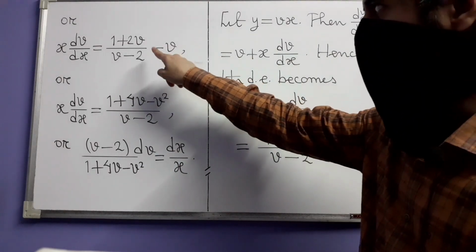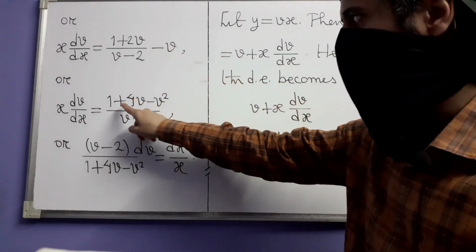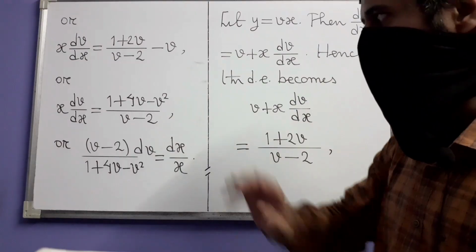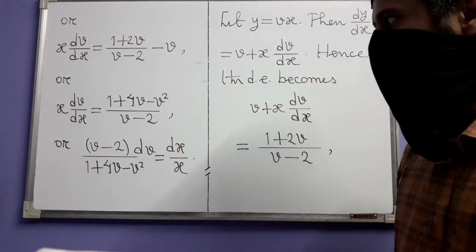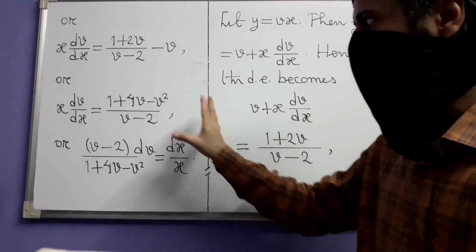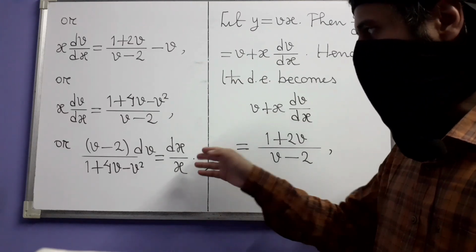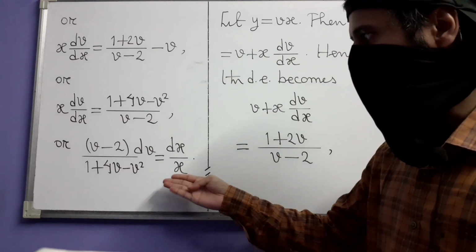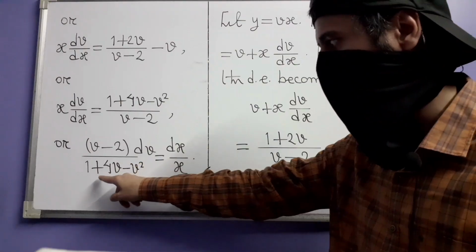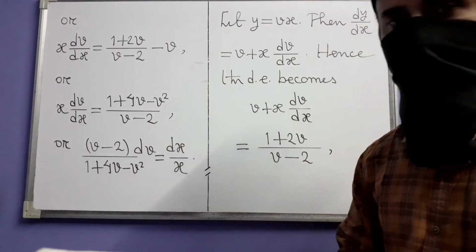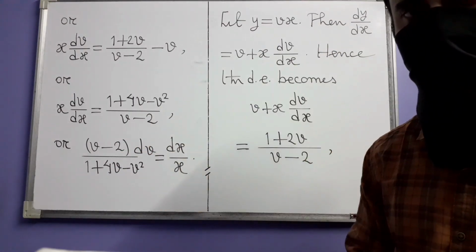If you do the calculation here, this is what you get: (1 plus 4v minus v squared) divided by (v minus 2). Now this is a separable equation, and separating the variables, this is what you get: (v minus 2) dv divided by (1 plus 4v minus v squared) equals dx divided by x.